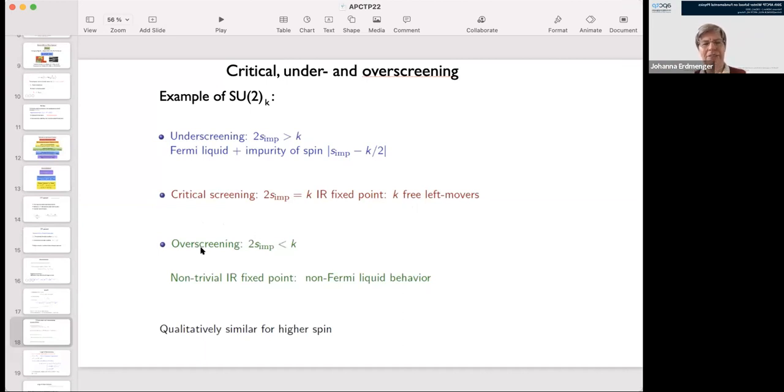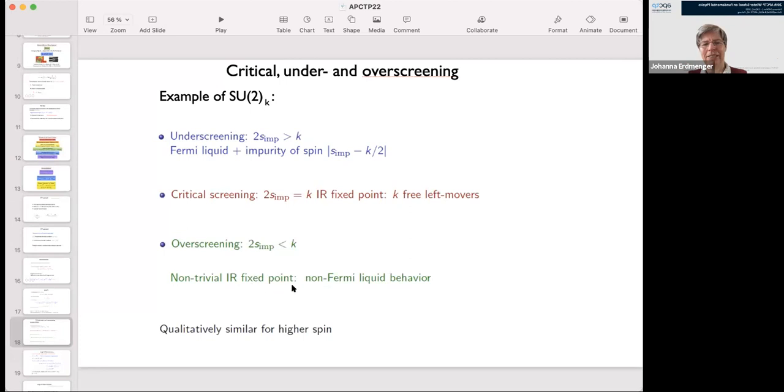And then there's also something called overscreening. This means there are more flavors than twice the impurity spin. Something really complicated happens, because there are more electrons coming to this impurity spin than really needed to screen it, and that gives very non-Fermi liquid behaviors, which are of great interest to condensed matter physicists.